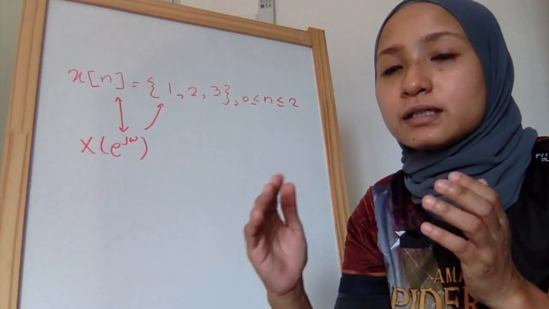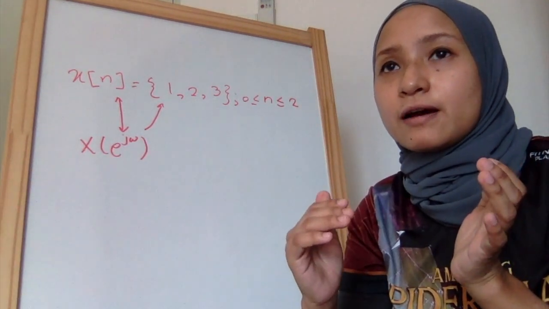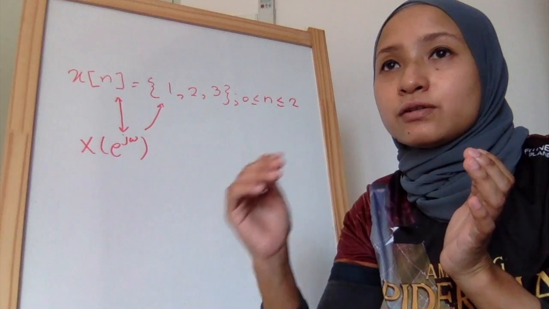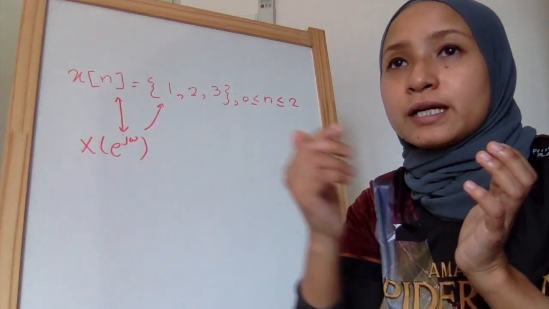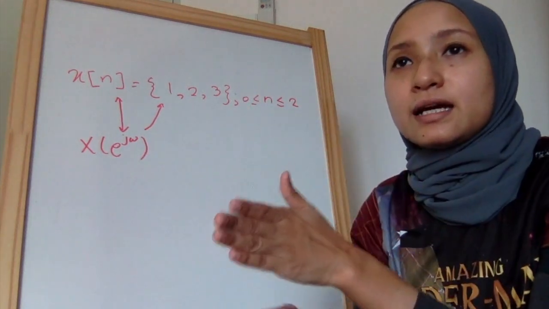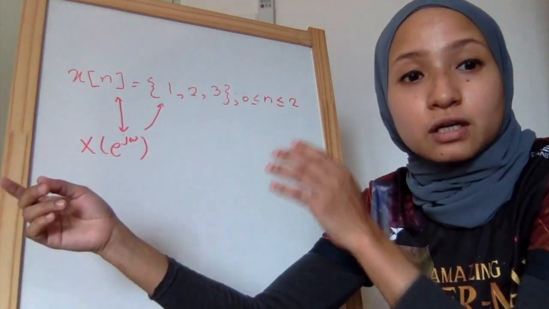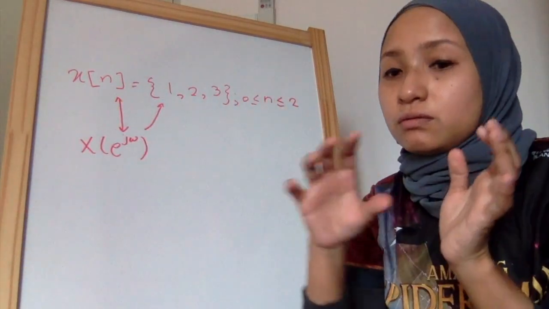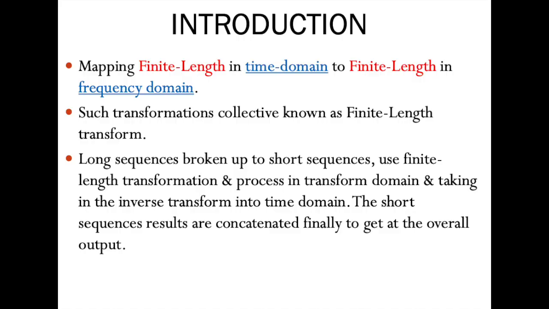For example, instead of from -8 to 8, now we're going to have from -8 to -4, then -3 to 0, and then 0 to 3, and 4 to 8. So we cut the long sequence into short sequences, and then we use finite length transformation process.